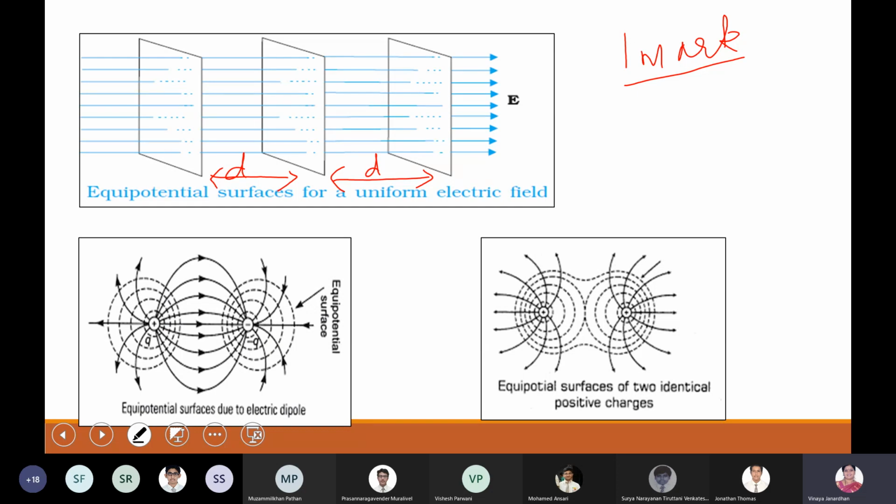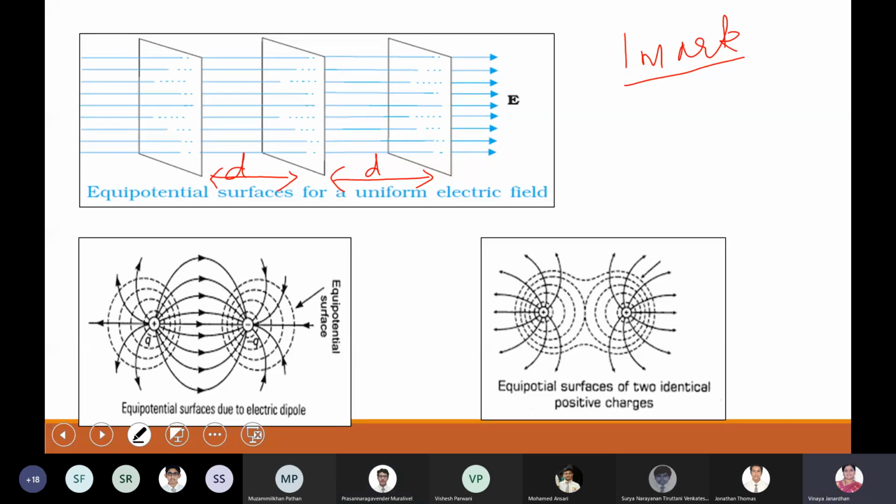Equipotential surfaces for 2 identical positive charges. Only the statement you write, leave some gap. All these diagrams are there in your text. You can draw, right, boys? Can you take this as homework because it will take a long time? Let me complete the concept and then we'll go for numericals and then we have to do work in your class notebook.